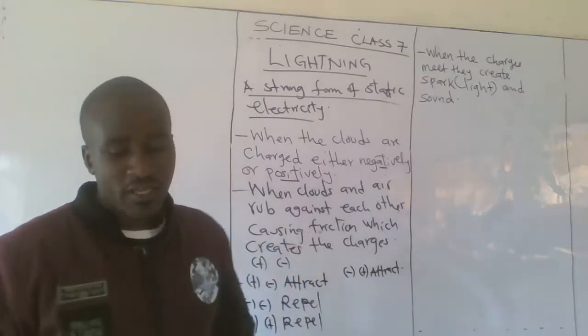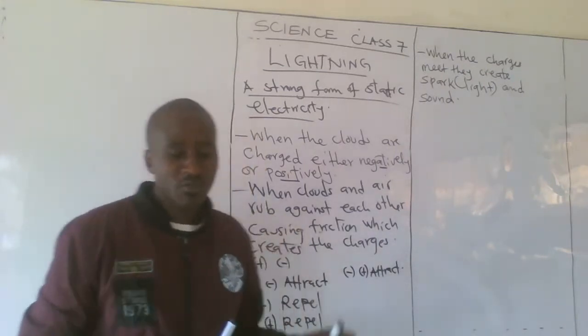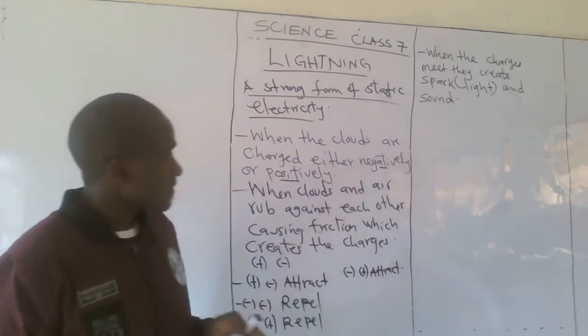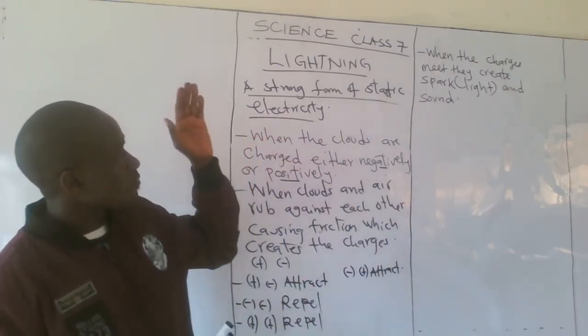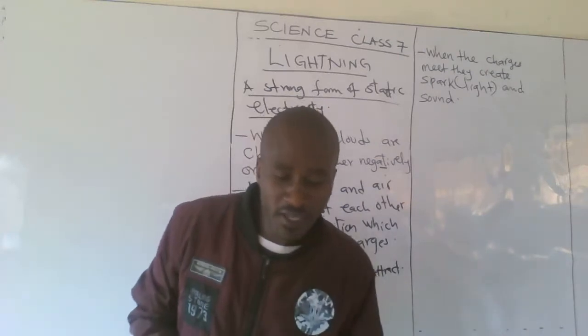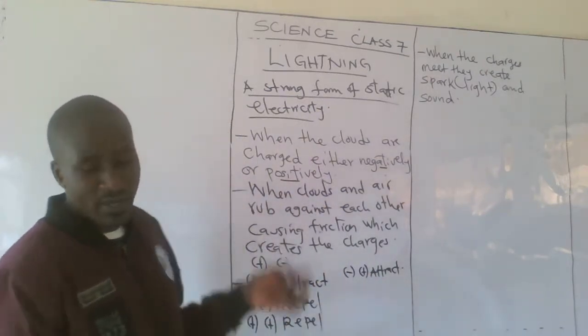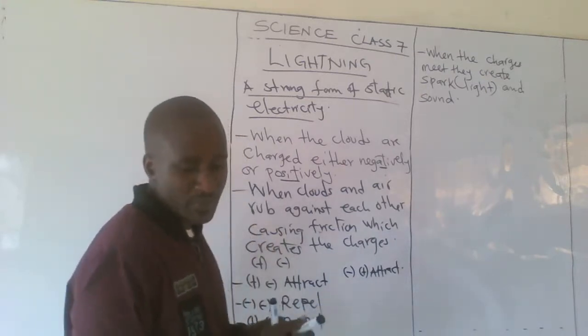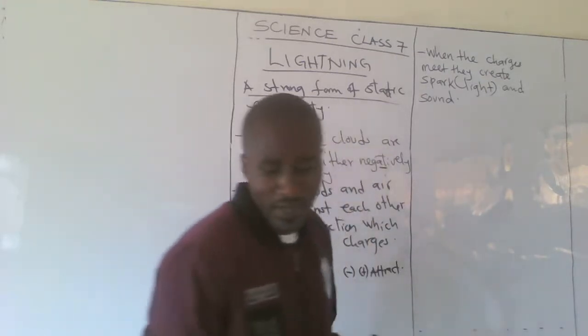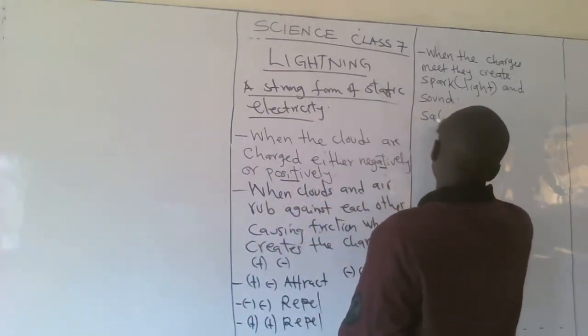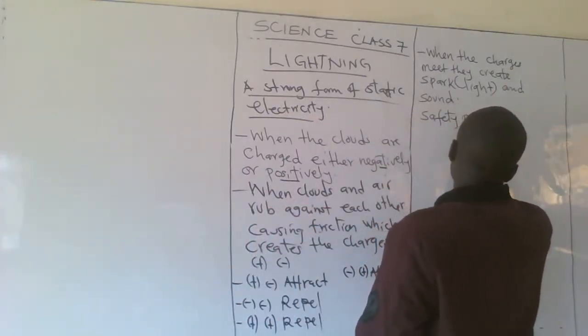Lightning is also dangerous, and by that we are going to look at the precaution measures which we are supposed to take so that we avoid being struck by lightning. So, safety precautions against lightning.